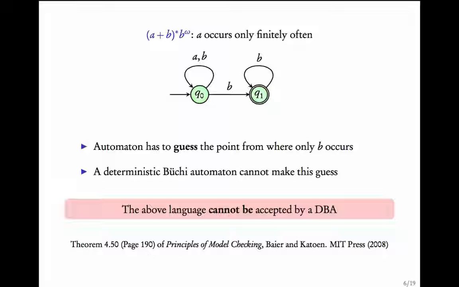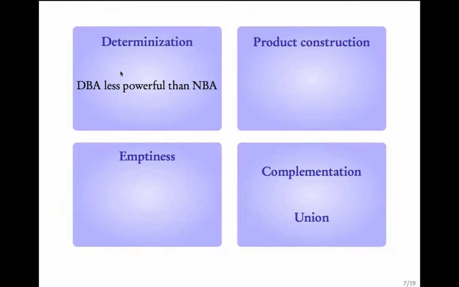So it turns out that non-deterministic Büchi automata have more power than deterministic Büchi automata, in the sense that there are languages that non-deterministic Büchi automata can describe but deterministic Büchi automata do not have the capacity to describe. Here is the summary. DBA are less powerful than NBA. In the case of finite words, this was not true.